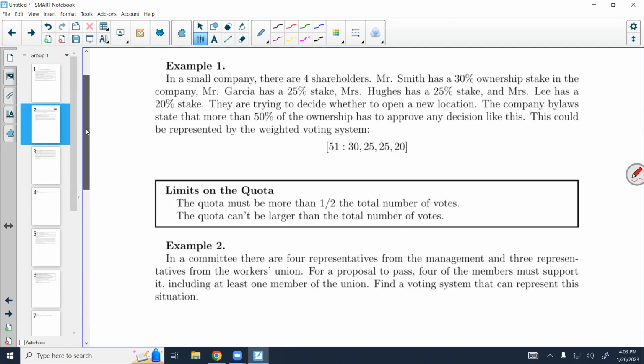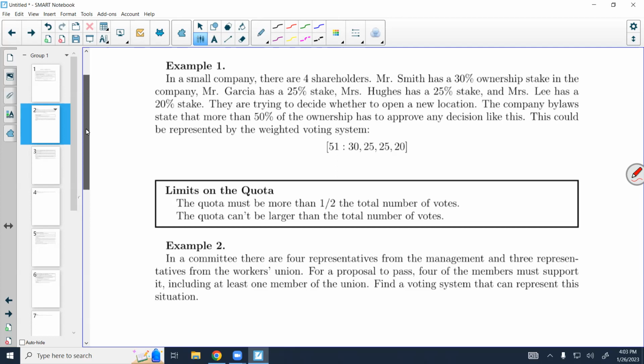Company bylaws state that more than 50% of ownership has to approve any decision like this. This could be represented by a weighted voting system, and it has to be more than 50%, so we have a quota of 51. And then Mr. Smith's 30%, we represent as a weight of 30, and then weights of 25, 25, and 20.